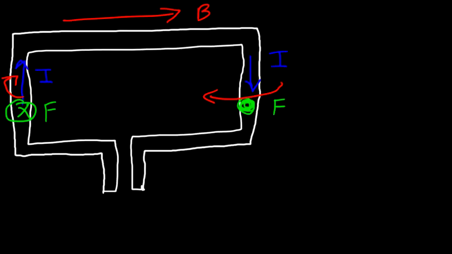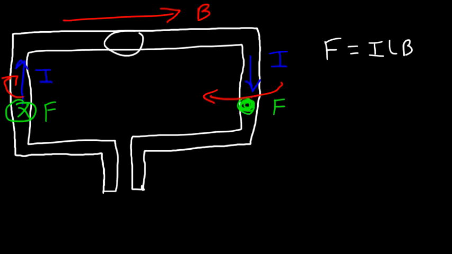Now let's talk about how to derive an equation for the torque of this current carrying loop. F is equal to ILB sine theta, but the force is perpendicular both to the current and the magnetic field. So sine 90 is 1. So the force acting on the right side and on the left side of the loop is going to be ILB.